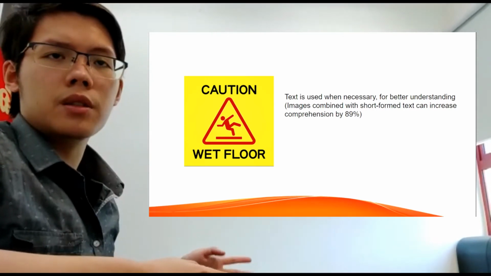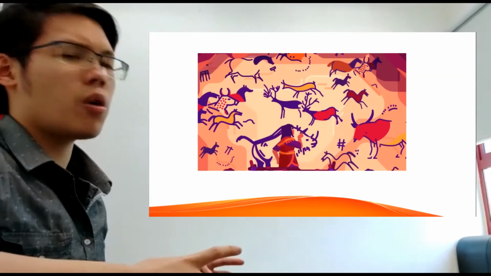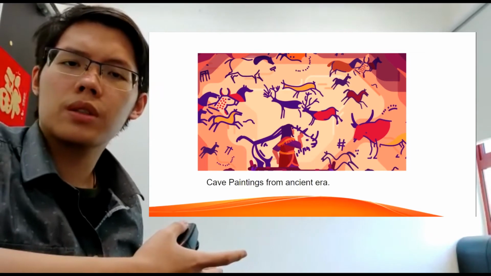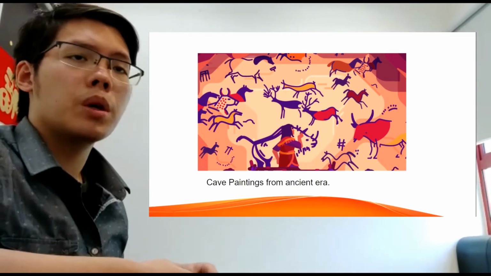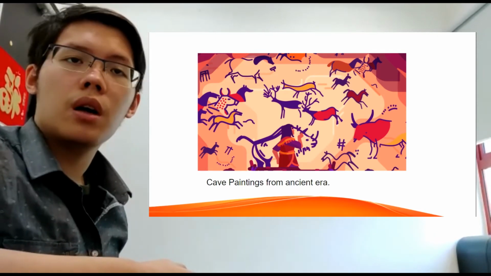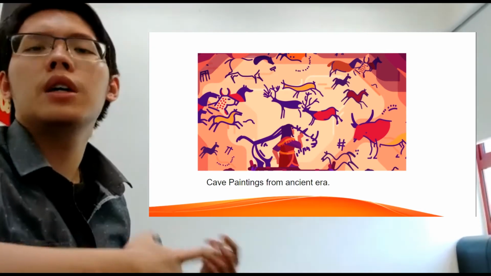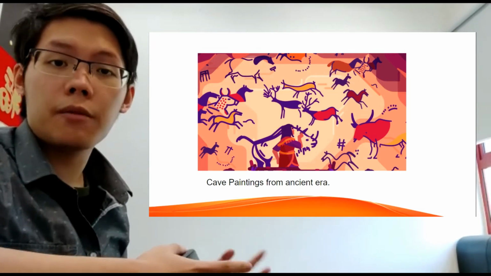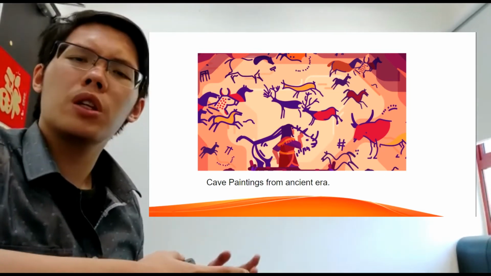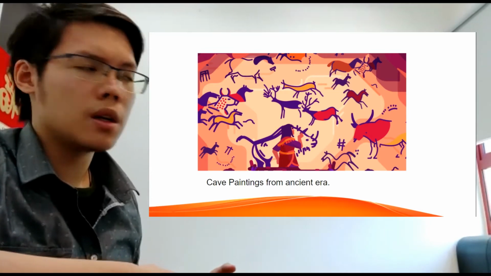Visual communication goes a long way. Before we had computers for graphic design and infographics, people back during the Stone Age were already trying to leave messages and information in the form of paintings, like cave paintings, usually to talk about their hunt.